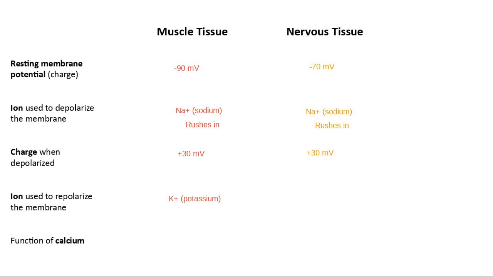K+, on the other side here. With potassium, is that going into a cell or going out of the cell? Which way is potassium going? Yeah, potassium is rushing out.